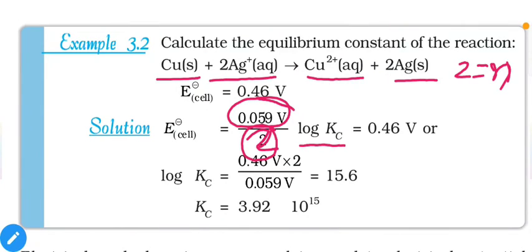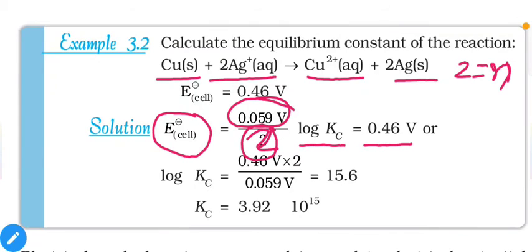And log Kc we need to find. The standard cell potential for this given cell is 0.46. You can get this value from the table mentioned earlier, the table with reduction potential values, and you can directly use that.